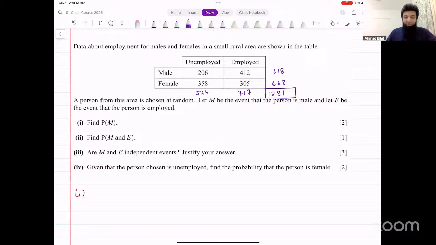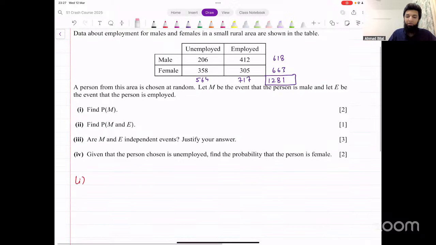Now they're saying a person from this area is chosen at random. You see there are 1281 people in total now. We have that total number. So a person is chosen at random from these 1281 people. Let M be the event that the person is male and E be the event that the person is employed. Find the probability of M, the probability of that person being male. What is this probability going to be?